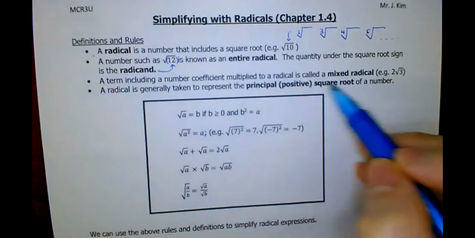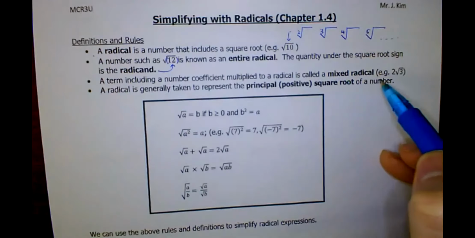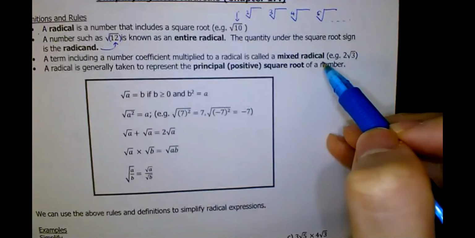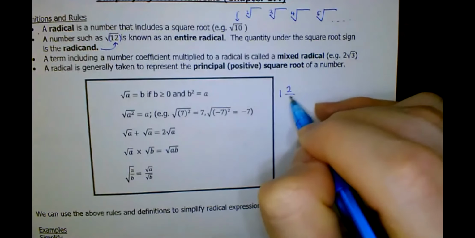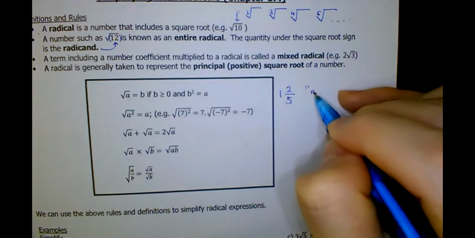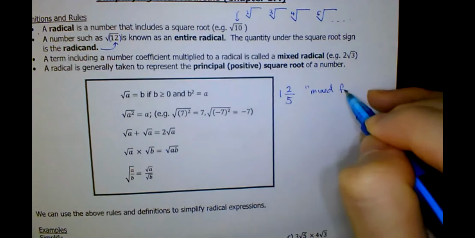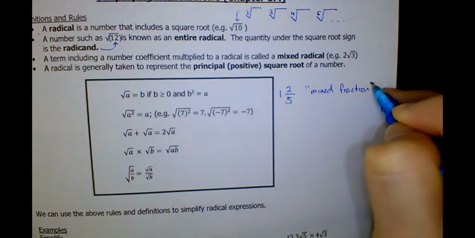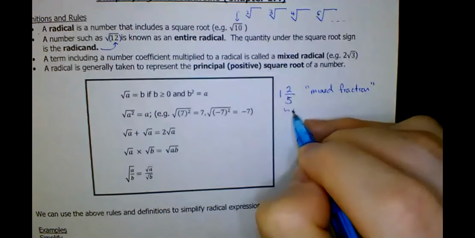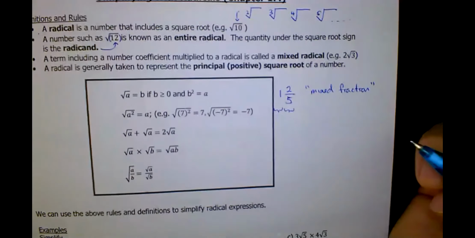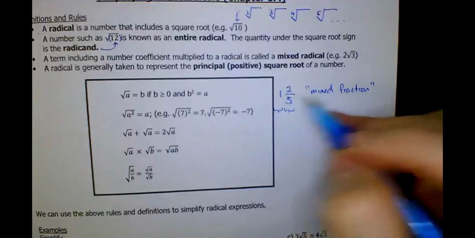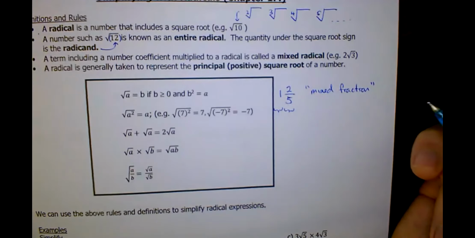Another thing that we're going to work with a little bit is something called a mixed radical. If you recall, if we have something like this as a fraction, we call that a mixed fraction. Why? Because we have the fraction portion and we have a whole number portion, right? So a whole number and a fraction together is a mixed fraction. That's what it is.